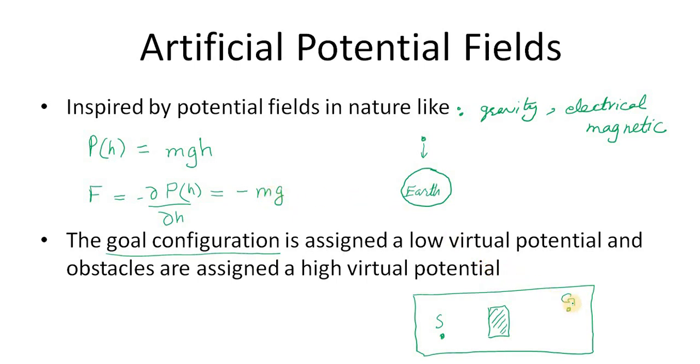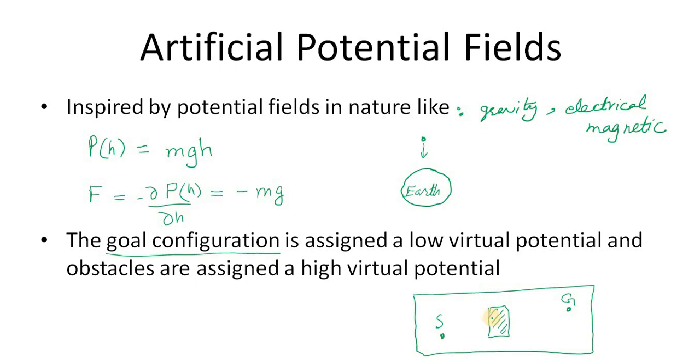We do the same thing here. Our goal has some kind of attractive field, and the robot will be attracted toward the goal with some specific force, which we shall model later.